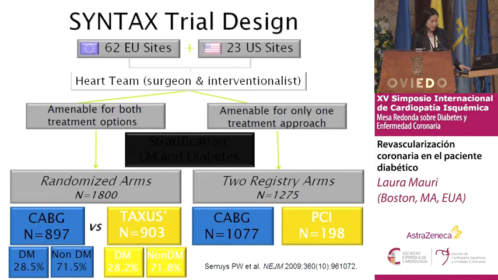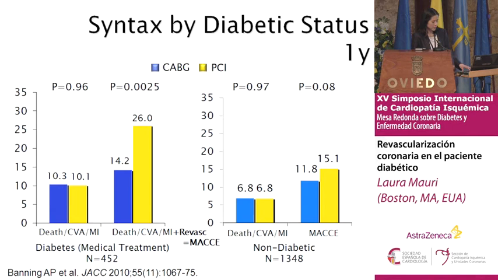Patients were randomized who had either left main or 3-vessel disease to either undergo bypass surgery or treatment with multiple drug-eluting stents, which were all paclitaxel drug-eluting stents.